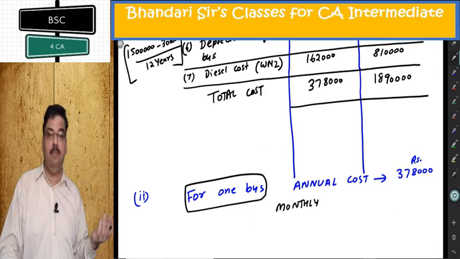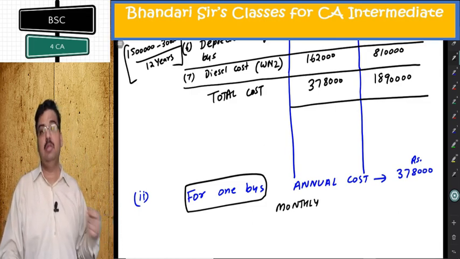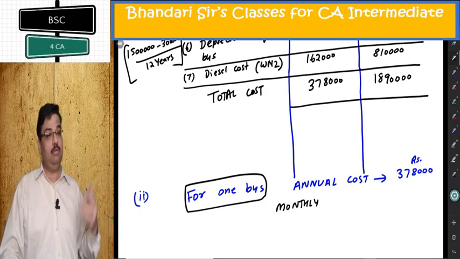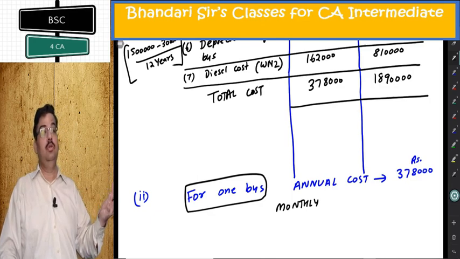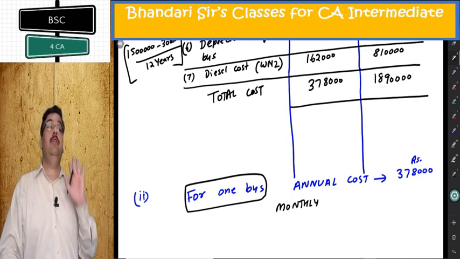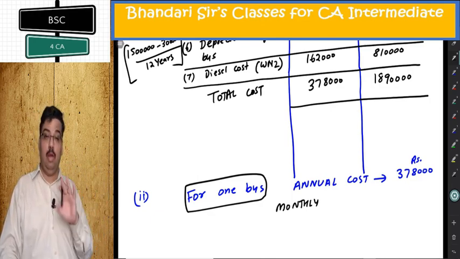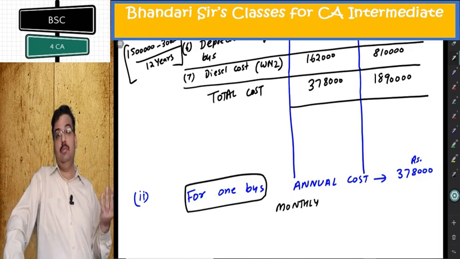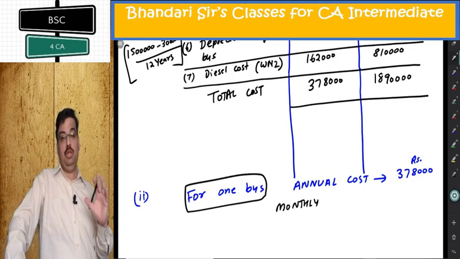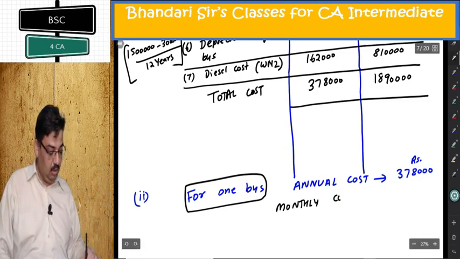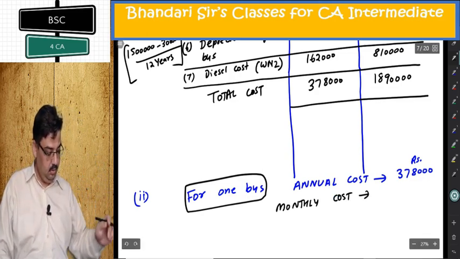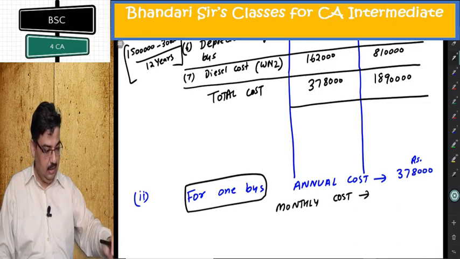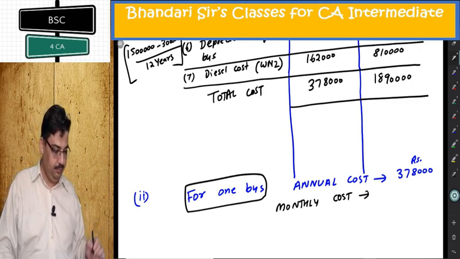For a fleet of 5 buses, obviously cost will be 5 times. Students will also be 5 times. Per student cost will be the same whether you compute 5 times or 1 time, because cost is 5 times, students 5 times. It will make the same quotient. Monthly cost: 3,78,000 divided by 12.